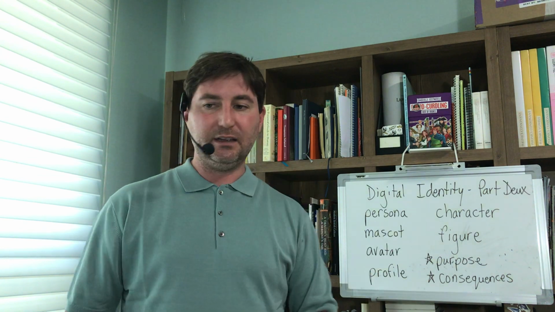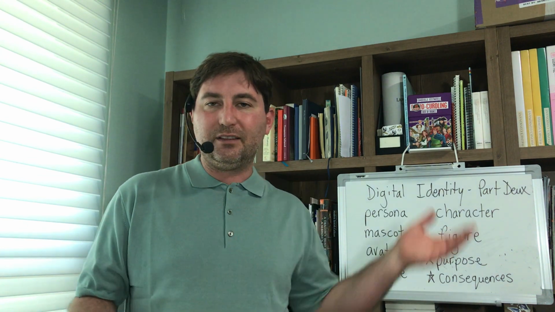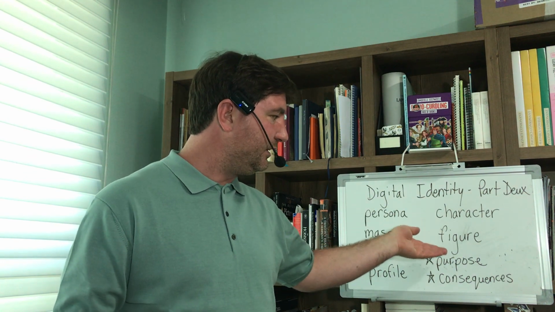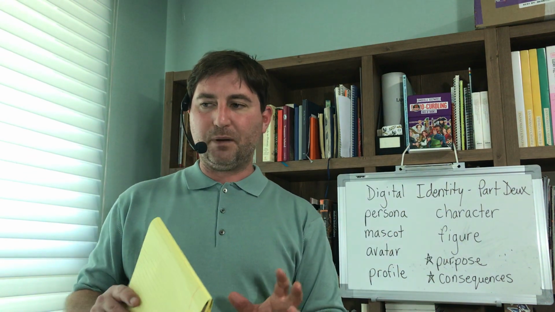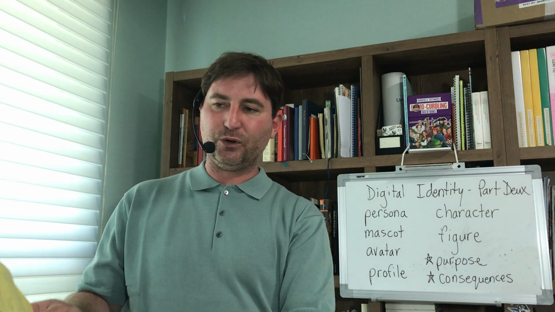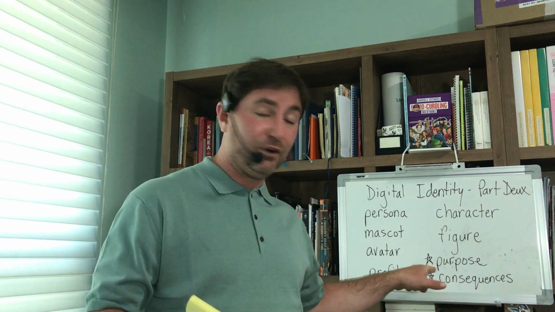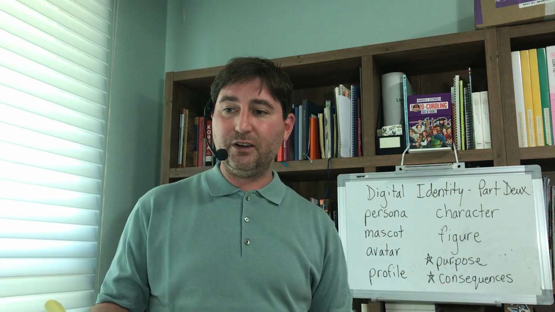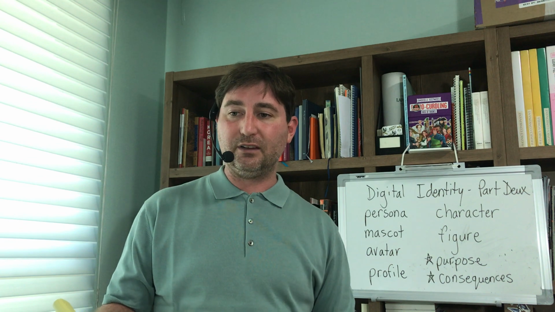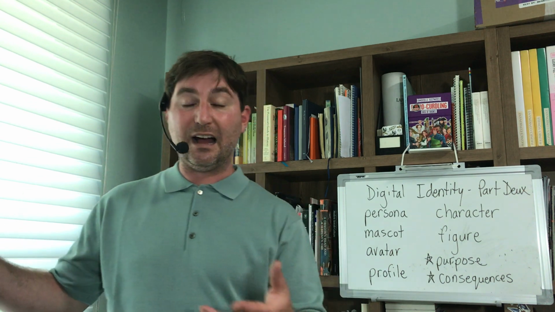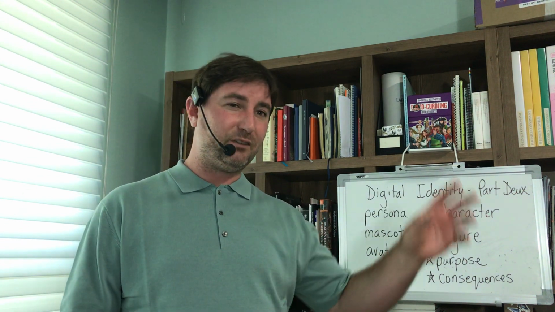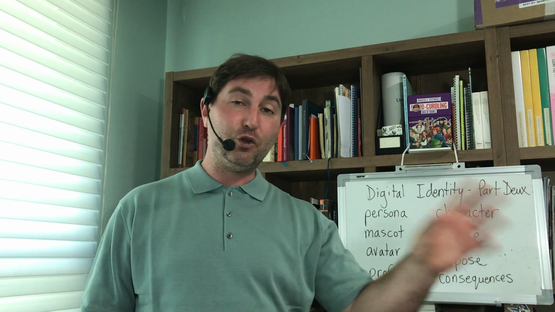And a figure is someone that's created, I think they're almost the same thing. A character is a type of figuring. But when you figure something, it's almost like you're creating something, like I said, for a certain purpose. So a figure sometimes is created to represent ideas more than it is to be a distinct new person.